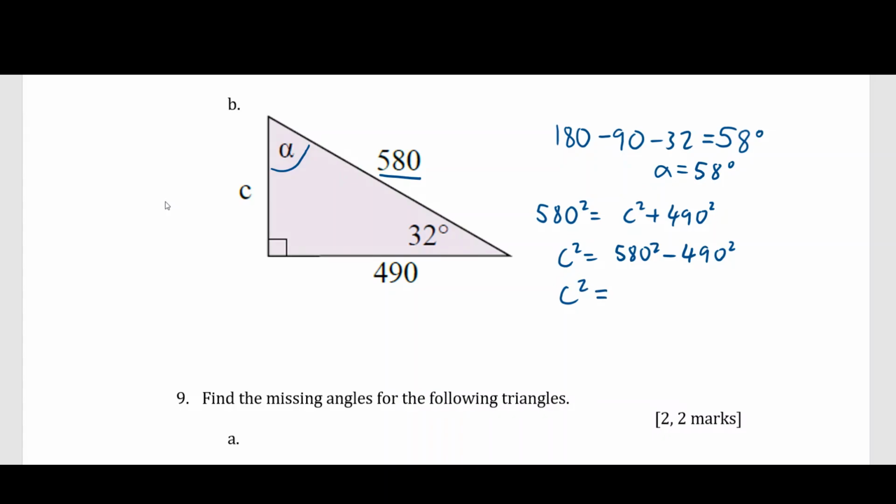C squared equals 580 squared, take 490 squared, which leaves 96,300. C equals the square root of 96,300, which is 310.32.